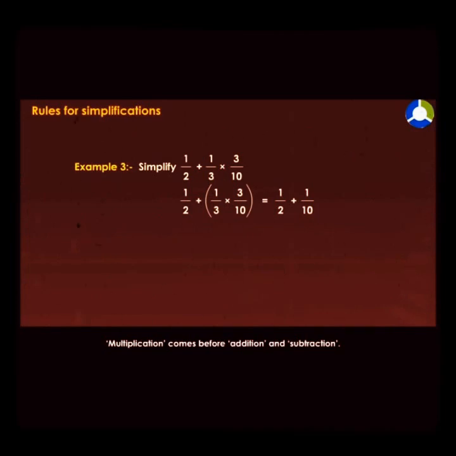Then add 1 by 2 plus 1 by 10. For that, first find the LCM of 2 and 10. Here, LCM of 2 and 10 is 10. Then change the denominators to a common denominator 10.